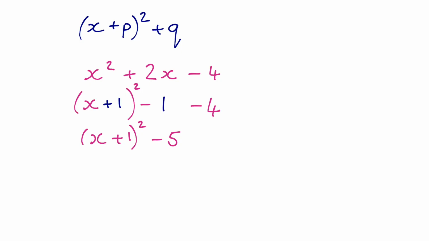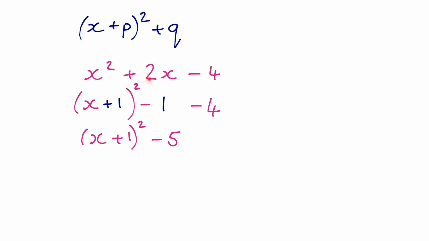When the question asks to leave the expression in this format, sometimes students get confused. They sometimes think that both these have to be positive. Just remember, this p and this q are integers, so that means they can be positive or negative.